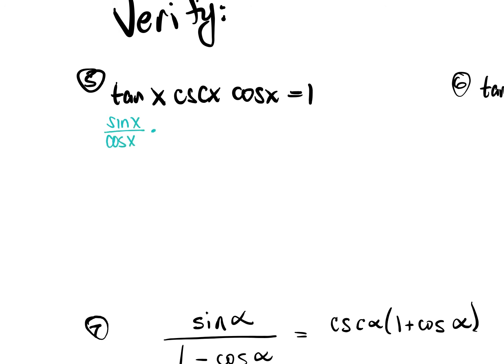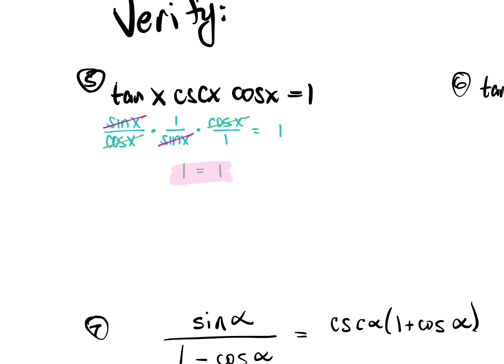The cosecant x is the same thing as 1 over sine x, and cosine can stay cosine x, or put it over 1. What cancels? Your sine x cancels with sine x. Your cosine x cancels with cosine x. So it's just 1 is equal to 1.